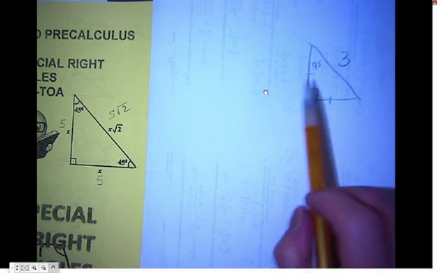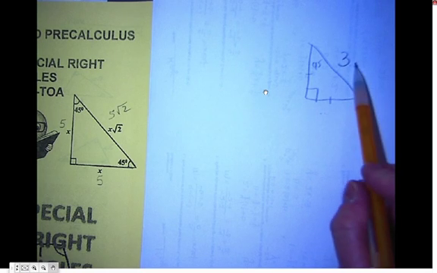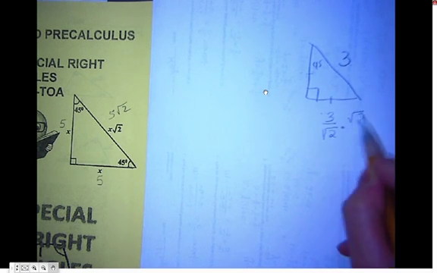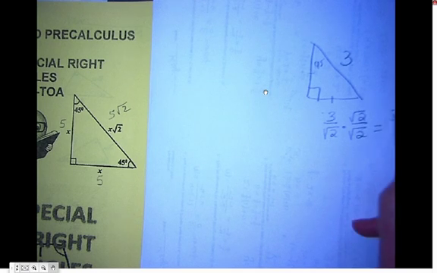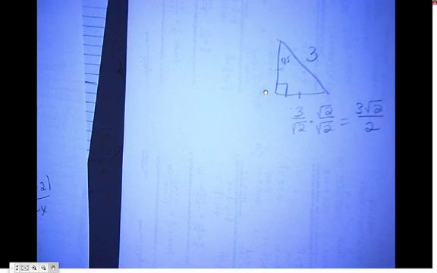If we know the sides, we multiply by root 2. If you know the hypotenuse, it's 3 over root 2. And then we always have to rationalize. That was something you did in geometry, but we have to make sure you know it so we can actually do the trig.